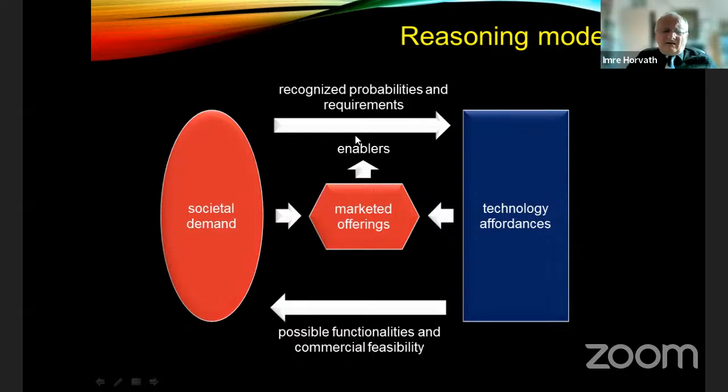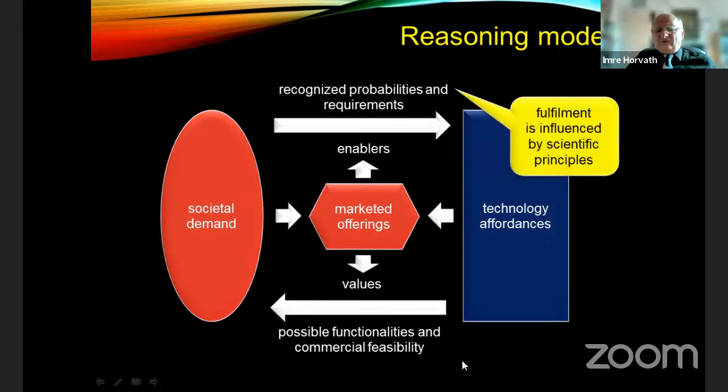So when we consider the recognized probabilities and requirements, then enablers are needed, which through the technological affordances are creating a short-term loop here. And if we consider the possible functionalities and commercial feasibility, then we have to consider the market values. And this is another loop here. So this is the complexity what we have to consider.